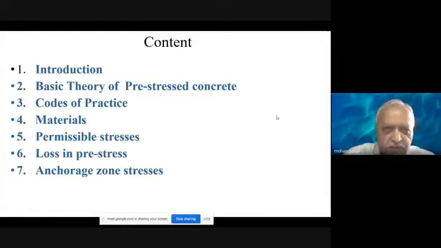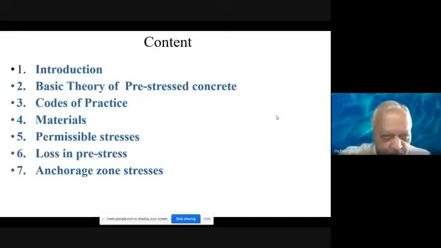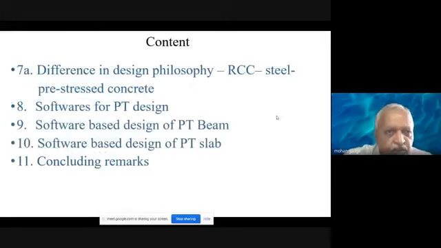Now I am going to cover the following topics briefly: introduction to prestressed concrete, basic theory of prestressed concrete, codes of practice that we use, then materials that go into prestressed concrete, permissible stresses for different materials, then important characteristics of prestressed concrete, that is loss in prestress and anchorage zone stresses at the end, and the difference in design philosophy of RCC, steel, and prestressed concrete, because you have studied RCC design, the design of steel structures, and now you are studying prestressed concrete.